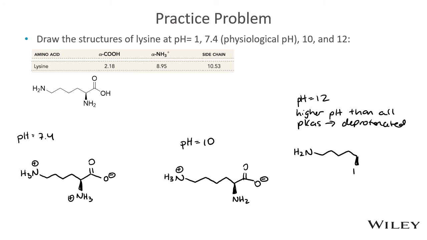So we'll draw both amino groups neutral with 2 hydrogens, and our carboxyl group will also not have its acidic hydrogen. So because it's a negatively charged version of our lysine, this is the anionic form.